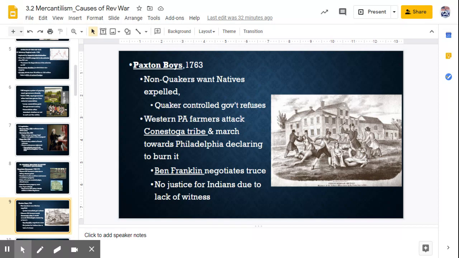And they attacked a group of Native people known as the Conestoga. And the Conestoga actually lived in a town in western Pennsylvania where they taught children English. Most of the people who lived in the town were Conestoga and dressed very much like their English counterparts.